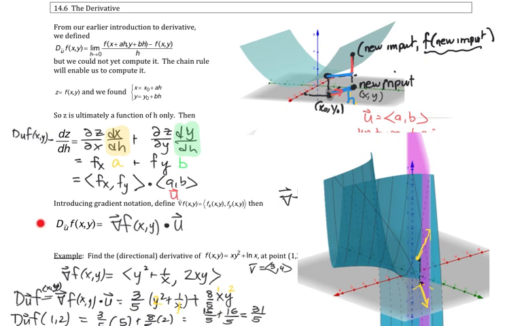Going back to here, though, I want to look again at the definition as a dot product. If we look at this in terms of the way dot products are defined, we can get an idea of why this name gradient. So far, the gradient was just a notation that told us what to do, but the word gradient sounds like it ought to have something to do with the steepness.